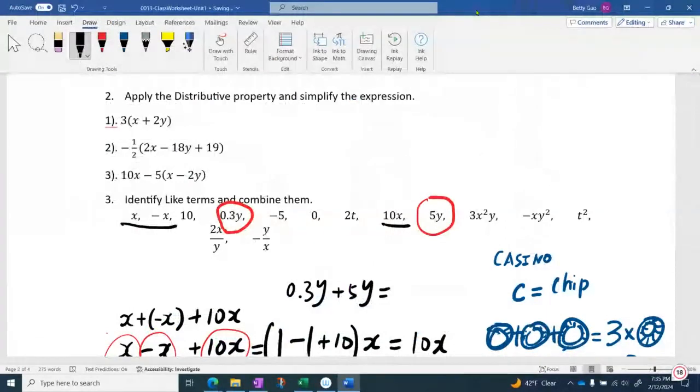As a yellow banana. So here you can say, I ate 5 bananas and I'm still hungry. I ate another 0.3, 30% of a banana. So in total, I ate 5.3 yellow bananas. You can give it a background and make it fun, right?